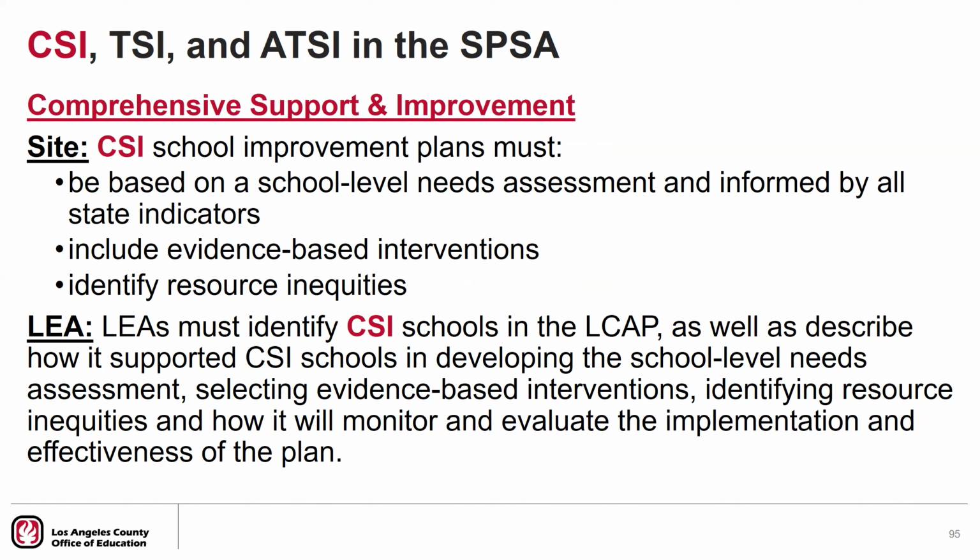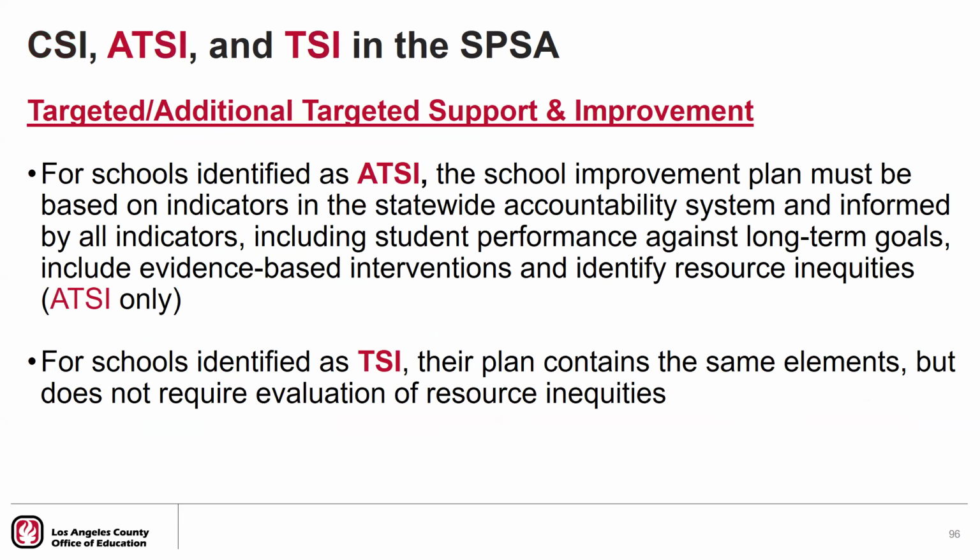The LEA must describe in the LCAP how they supported the CSI school in developing the school level needs assessment, selecting evidence-based interventions, identifying resource inequities, and include a description of how it will monitor and evaluate the implementation and effectiveness of the site's CSI plan. It is not required for the LEA to include a description of the ATSI or TSI schools in the LCAP.